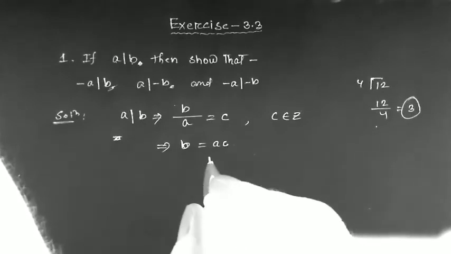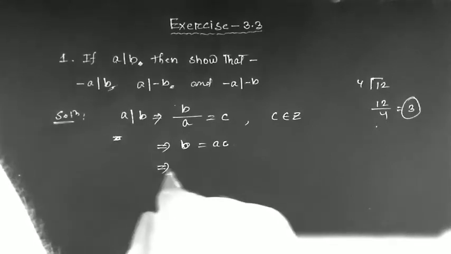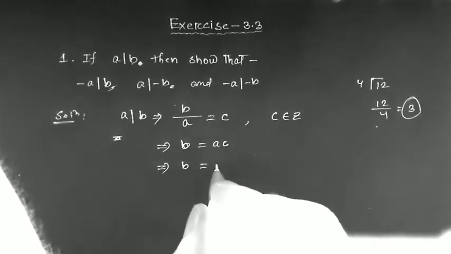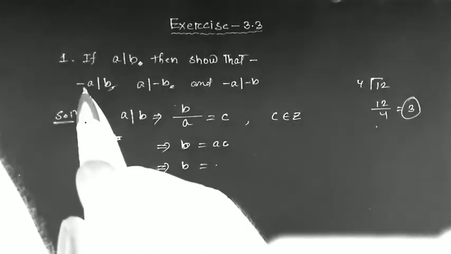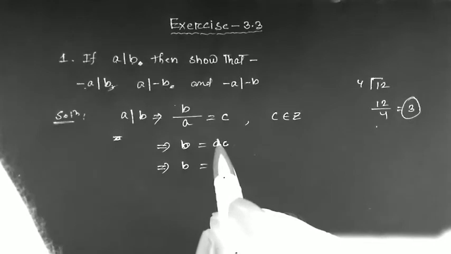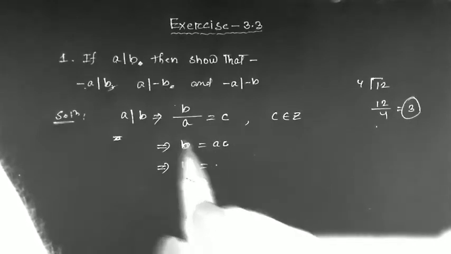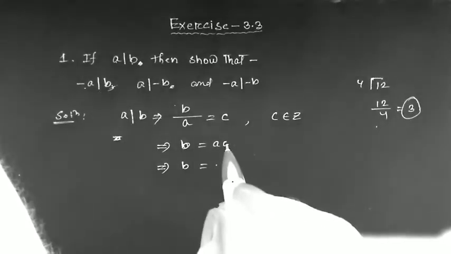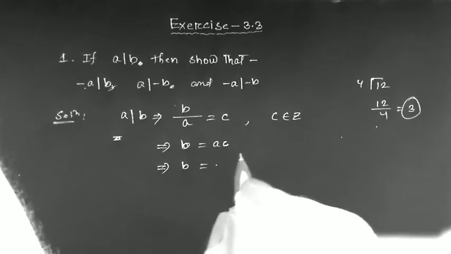Or you can write this thing in this way also, b is equal to... since first of all we need minus a divides b, if we make this thing negative, then we can show this. Since c is any integer, we put c equal to minus 1.